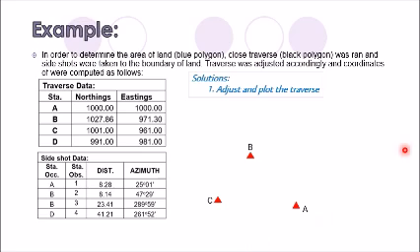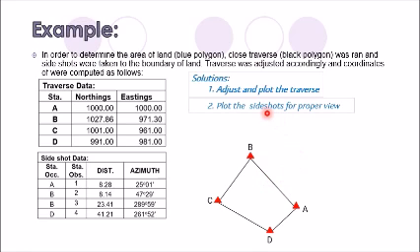So that would be your D. Okay. So connecting the lines, this is our closed traverse, the given closed traverse. So next is plot the side shots for proper view. It is very useful if you make a sketch in solving this problem. If you have AutoCAD, this is very easy to plot.